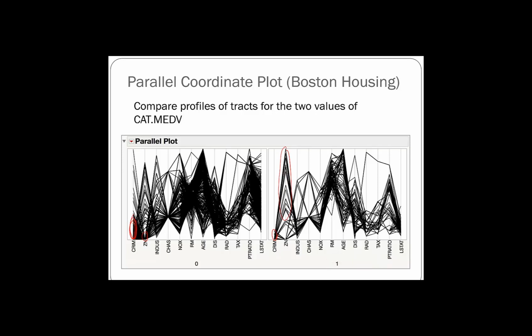The number of rooms in the house for the houses not on the Charles River, you can see that's lower than those on the Charles River. So not only can you see the levels, but you can see the amount of variation. Lstat, for example, the non-Charles River versus the Charles River, these are all much more tight around some value, whereas there's much more variation here.